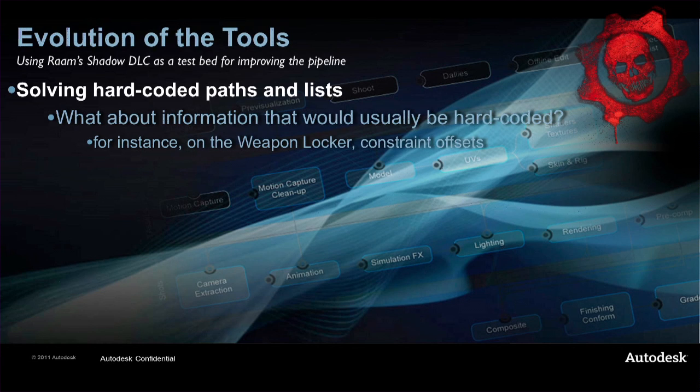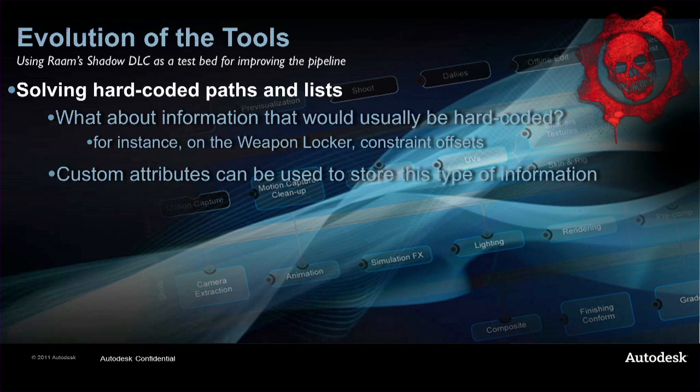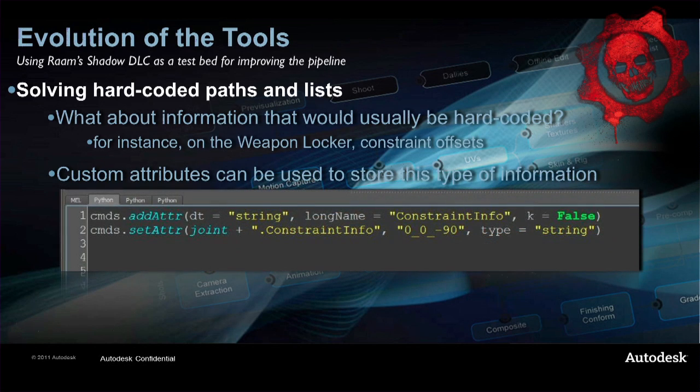One easy solution for something like this is to use custom attributes. So you can create a custom string attribute on, say, the root joint of that weapon. That's going to store all your constraint info. So I can create a string attribute called constraint info, add in the information I need by setting the attribute on that. And then whenever I import that weapon, I can check to see if the attribute exists.